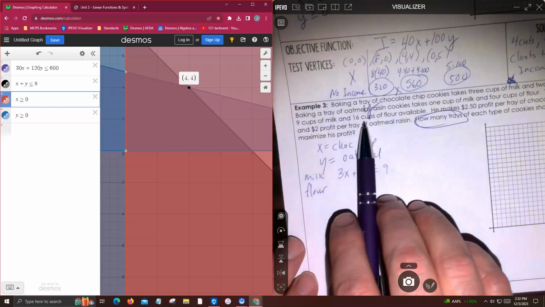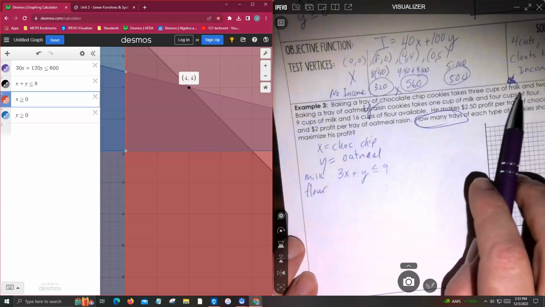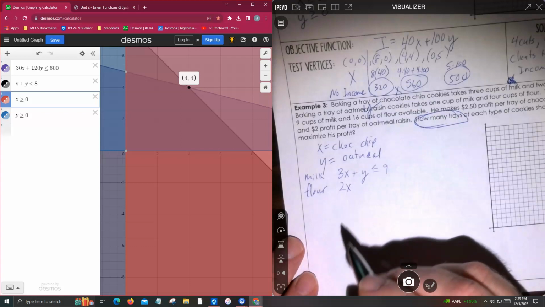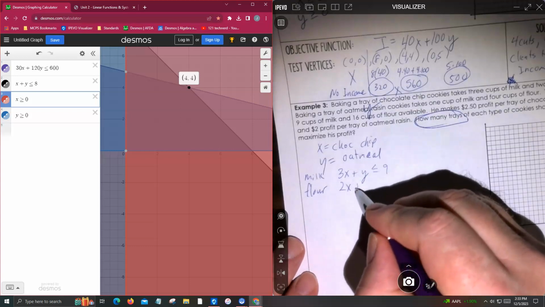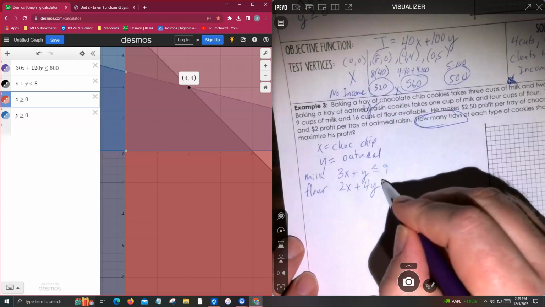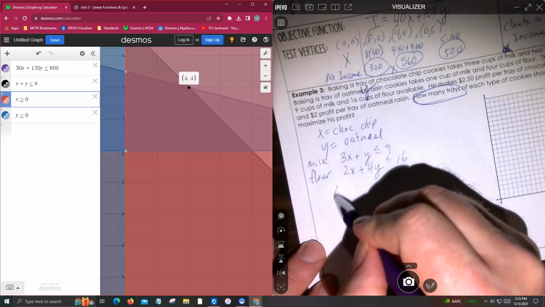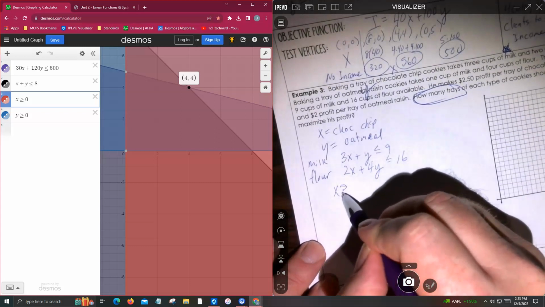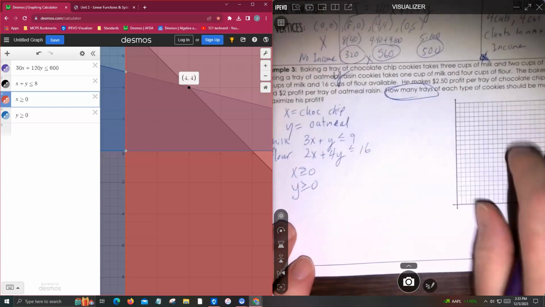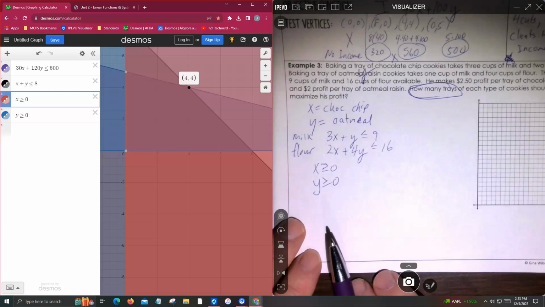Okay, flour, I got 16, and I use 2 for every chocolate chip, and I use 4 for every oatmeal, and I have to stay under 16. And then again, I would put in my positives in the first quadrant. Again, since I'm using Desmos, that'll help me give a shape there.